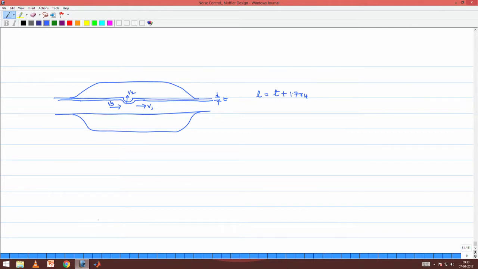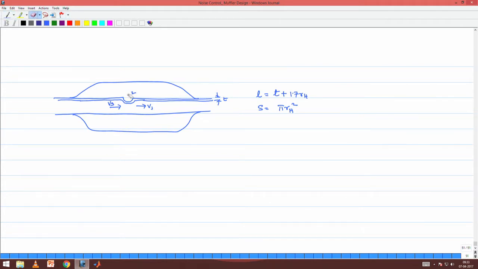The hole is as shown here, right. So, that is virtually the neck of the Helmholtz resonator, right. And what is the S associated with it? S is again pi RH square. So, RH is the radius of the hole.